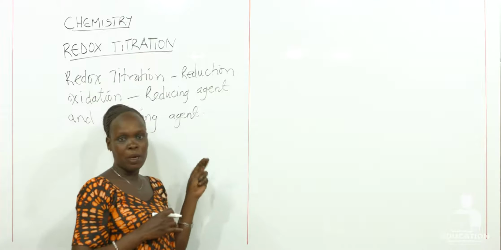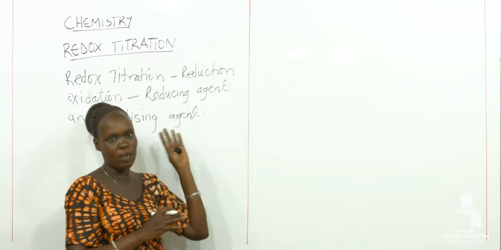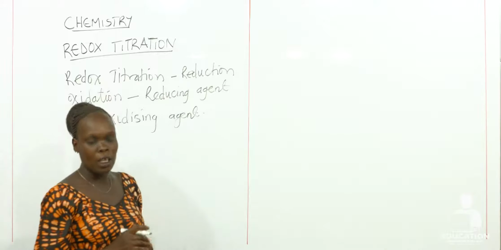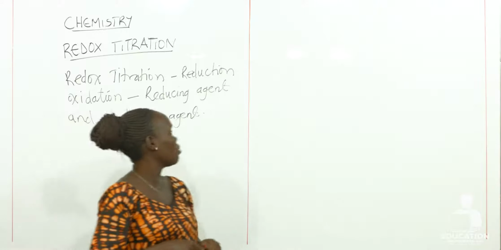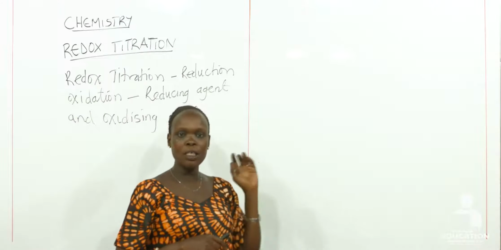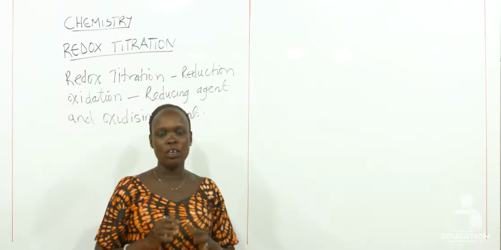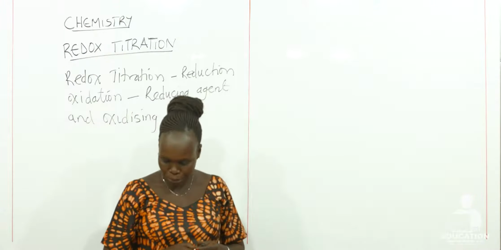So we need to remember that there is always a reducing and oxidizing agent when we are dealing with the redox titration. It means redox titration is based on oxidation reduction reactions.